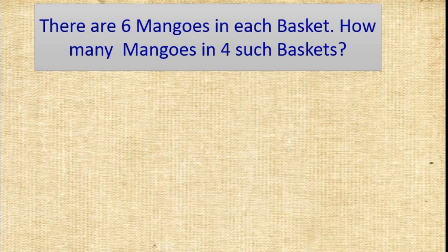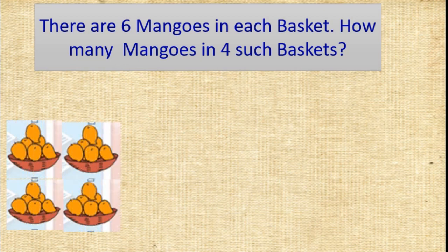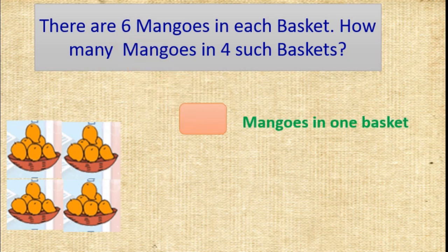There are 6 mangoes in each basket. How many mangoes in 4 such baskets? This is also very simple. We will multiply number of baskets by number of mangoes in each basket. Then we will get total number of mangoes. Correct? Now here we will write mangoes in one basket multiplied by number of baskets.